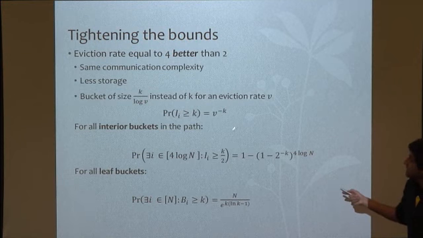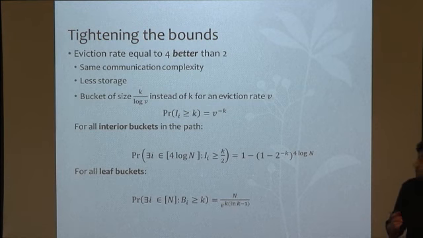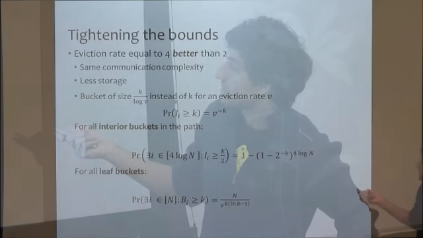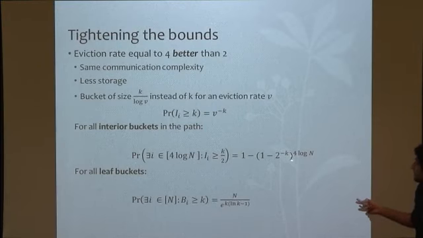We have the same probability of overflow for an interior node. For all interior nodes, we should take into account the entire height, etc., and we still have an overflow probability which decreases exponentially with the size of the blocks that we have fixed.